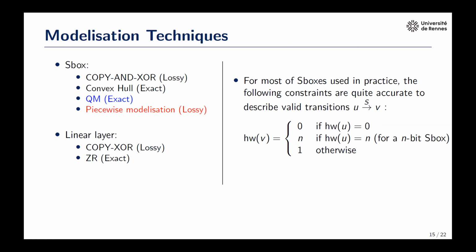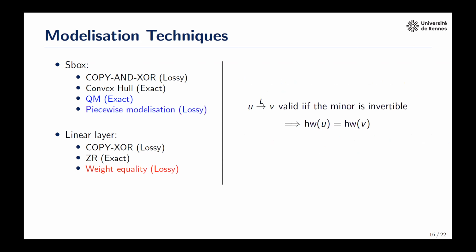And if the weight of the input is n, then the weight of the output will be n as well. And for most of the S-boxes used in cryptography, that's the only property you want to modelize. And for the linear layer, we also propose to use only the weight equality, which is exactly what is used if you do a word-based division property.